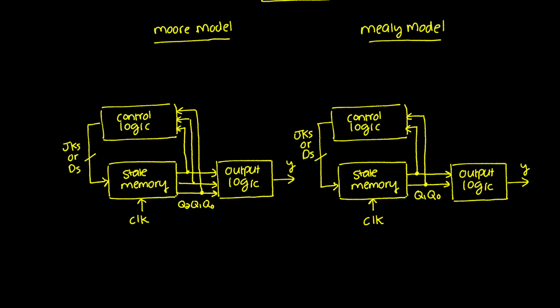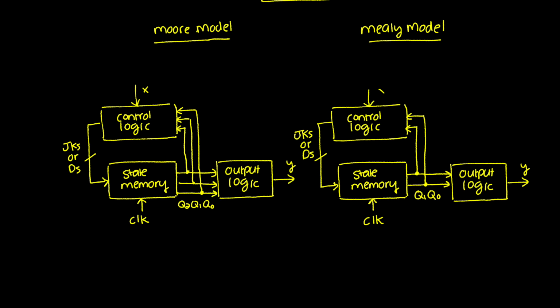If I had gone to the trouble of writing out a full excitation table instead of just a state table, and had derived the Boolean logic expressions for my control logic, I would see that they were dependent on the present state, so my Qs coming from my flip-flops, from my state memory. But in both cases they were also dependent on X.